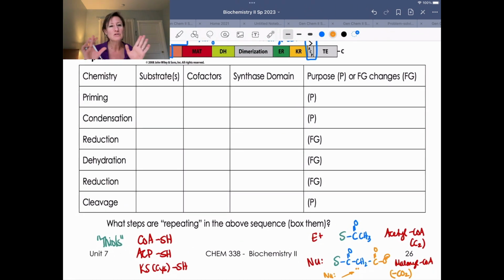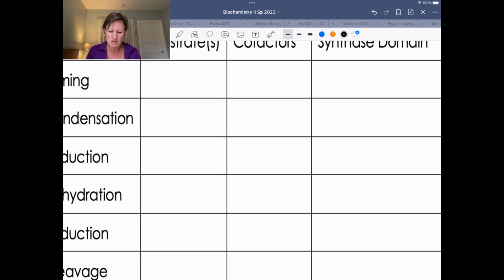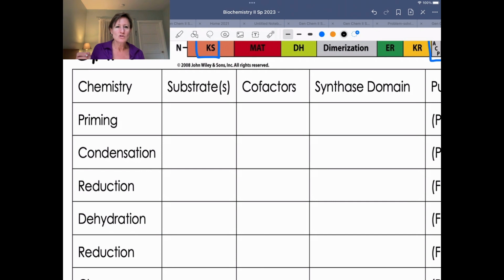Okay, so let's talk about all the different pieces that we have here, the chemistry that's happening. We basically have 2 substrates that we need to prime and load, and I referred to this on the previous slide as loading. We're loading our building blocks onto fatty acid synthase, and so we're going to have acetyl-CoA and malonyl-CoA.